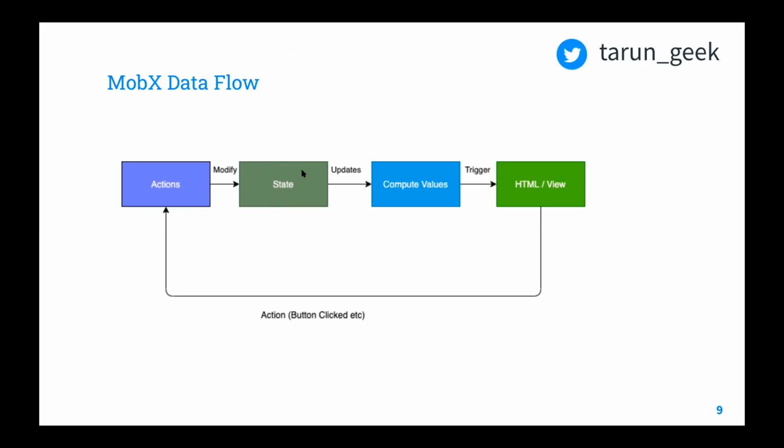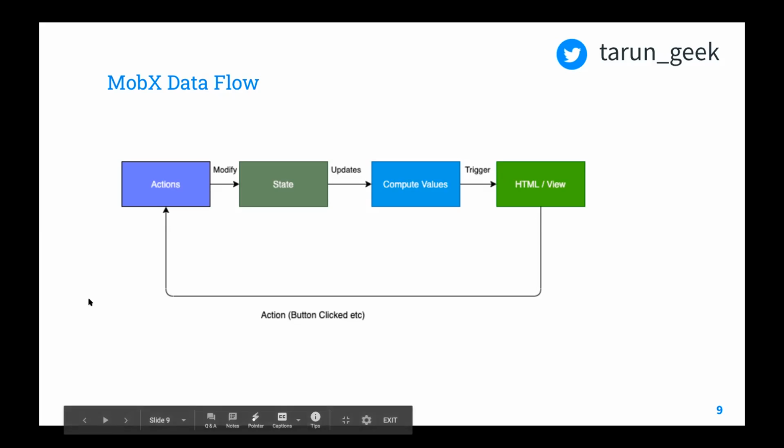Whenever you change your state, the updates come with the help of computed values. This is the portion where you get your updated data. And when you get your updated data from state, you trigger that data to the HTML or your React component. So this cycle repeats.